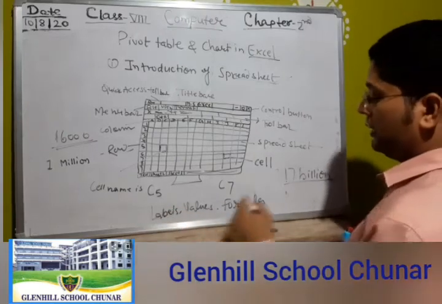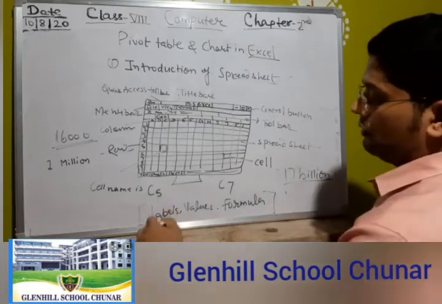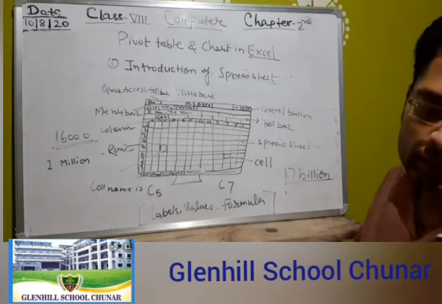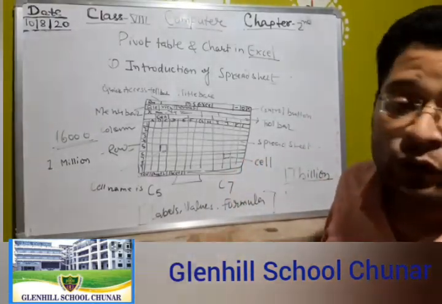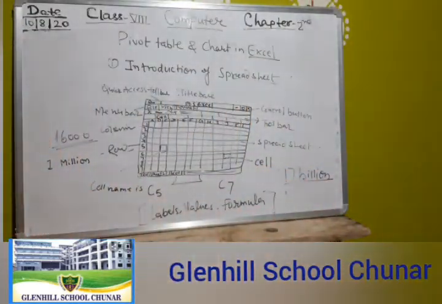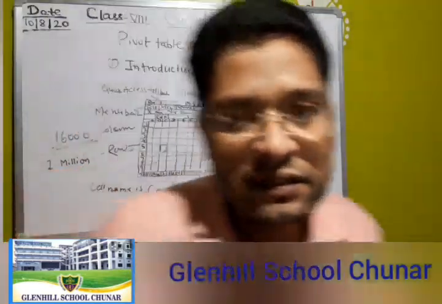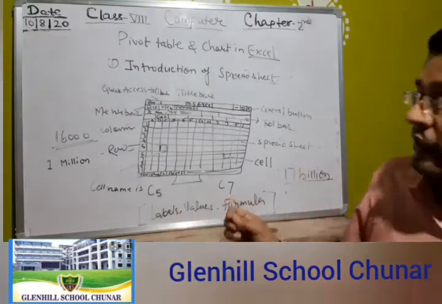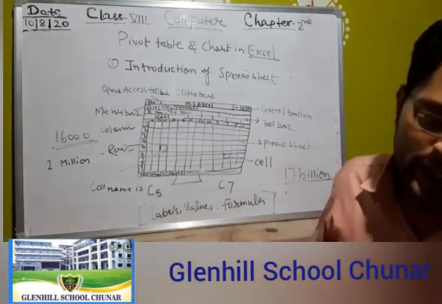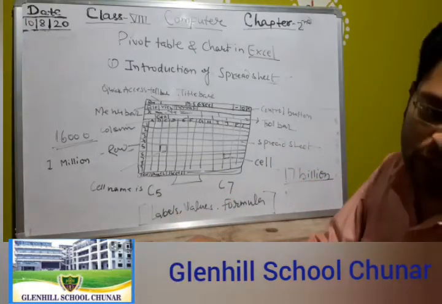Here are the three types of contents you can enter. So what is the label, what is the value and what is the formula? The text entered in a cell is a label.